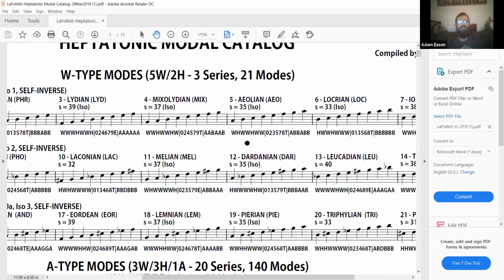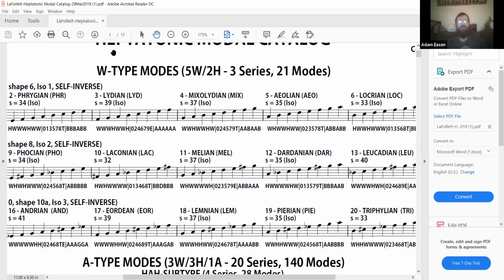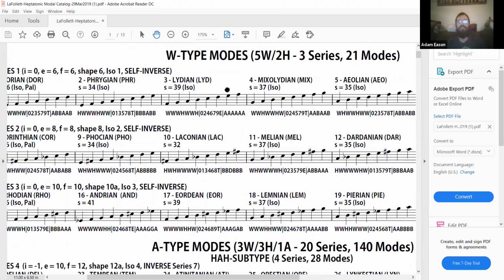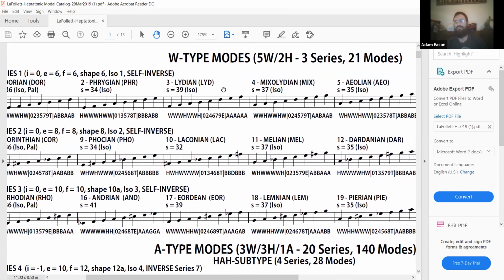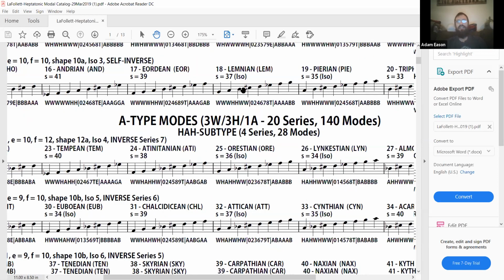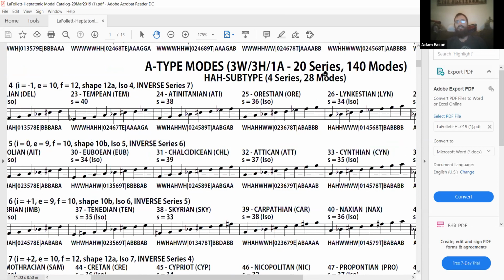And the way he grouped these, when we went over them together and I did some reading on my own, was by the most relevant kind of interval type. So in this top group, it's only whole and half steps and different arrangements of those whole and half steps. And then in the next group, the A type, it has an augmented step in there somewhere.